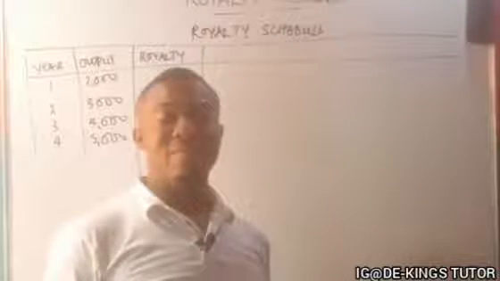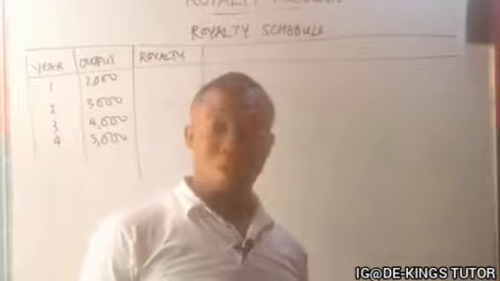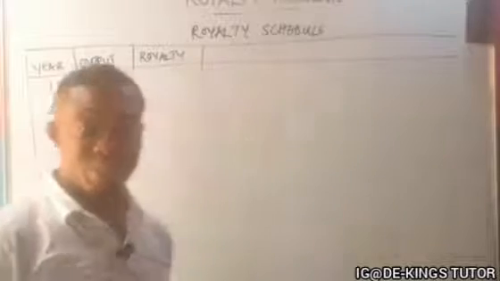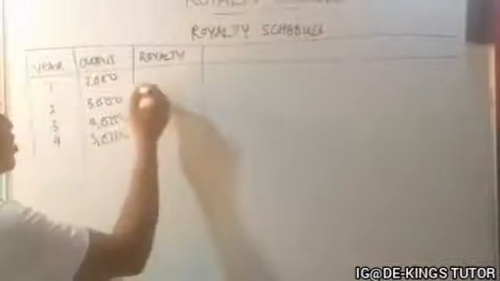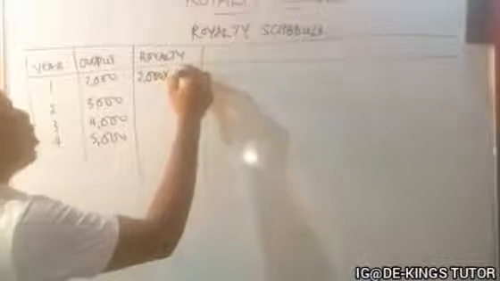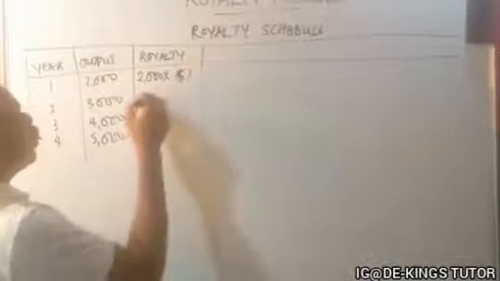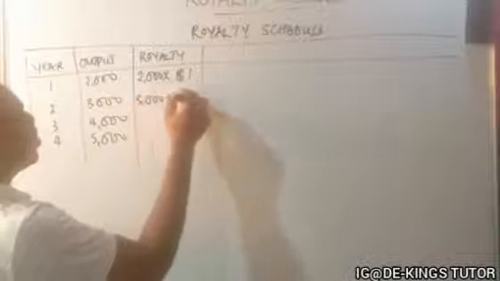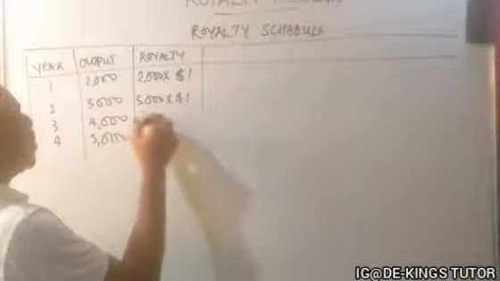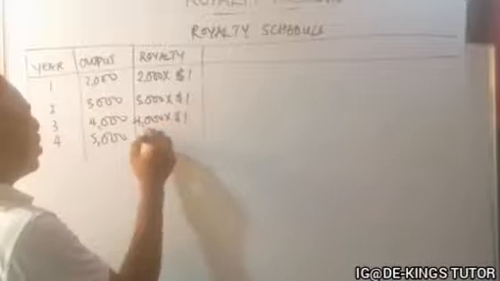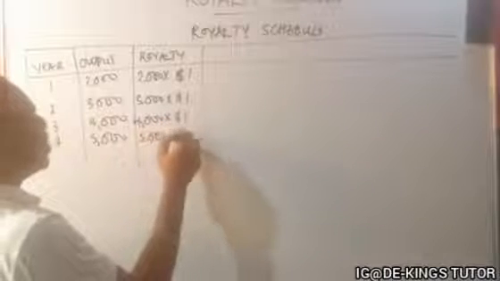Let's say it is $1 for each that's been sold or produced. It means this will be 2,000 times $1, this will be 3,000 times $1, this is 4,000 times $1, and this is 5,000 times $1.